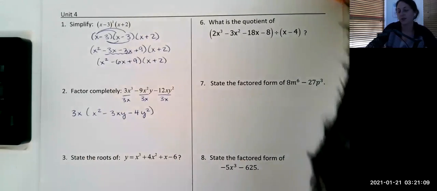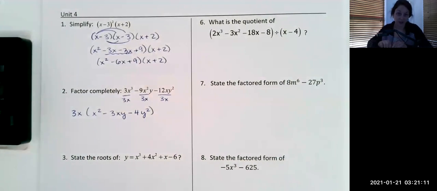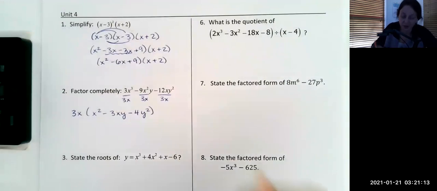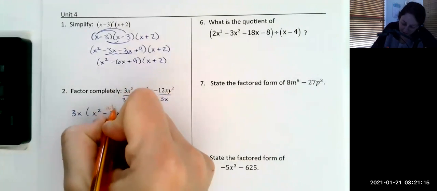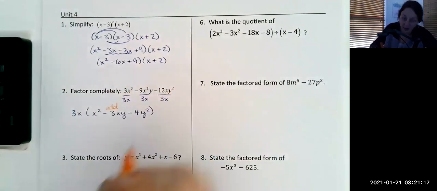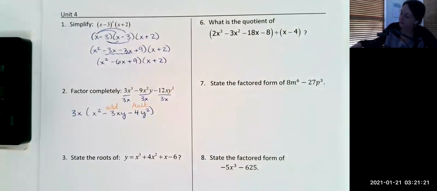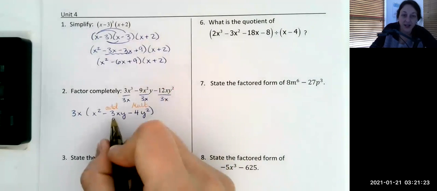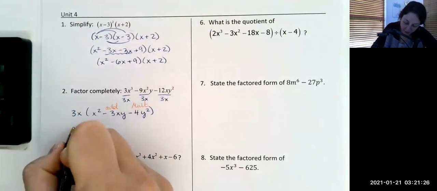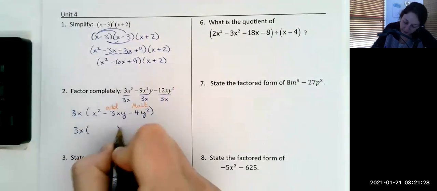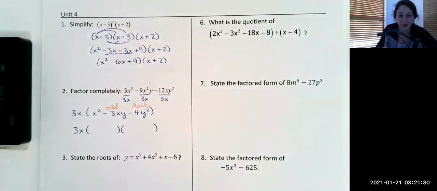And now comes the factoring process where we try to find 2 numbers that add to negative 3 and multiply to negative 4. And those 2 numbers are going to go in my parentheses.